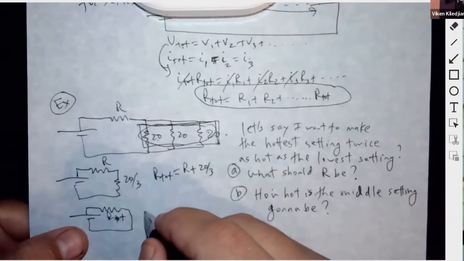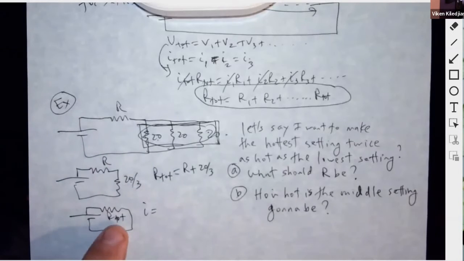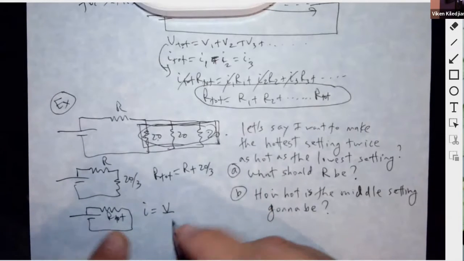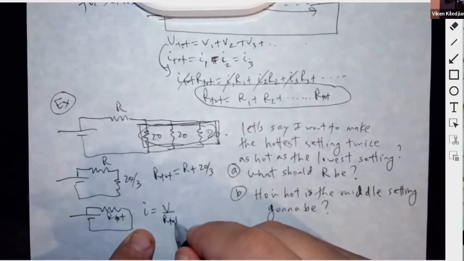So then the current in the circuit is going to be the voltage of the source divided by R total.